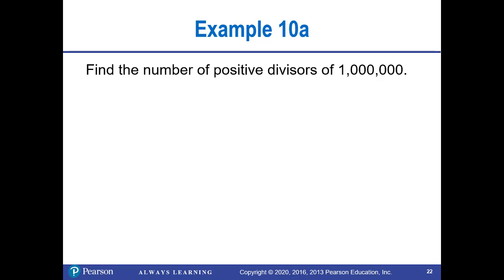So again, we could use the trick of taking the square root of 1 million, which I'm doing off camera here. But the square root of 1,000,000 is 1,000. And I do not want, obviously, to figure out 1,000 different divisors. That's a lot of division to try. So instead, what I'm going to do is first do a prime factorization of 1 million.